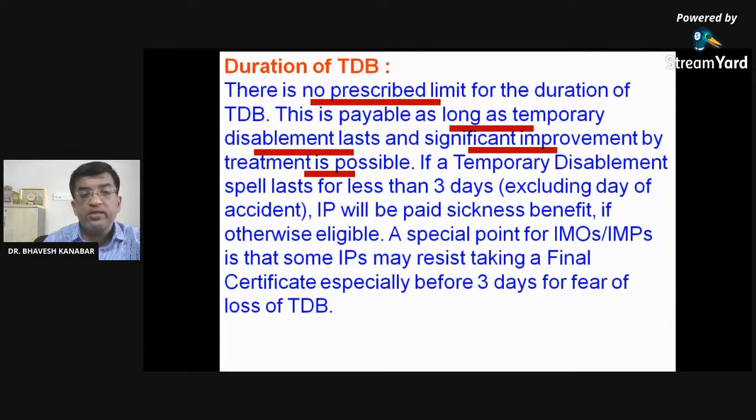Under the Factory Act, which facilities should be provided to the workers working in a factory? Second question simultaneously. There should be a canteen, and the canteen should be for how many workers?